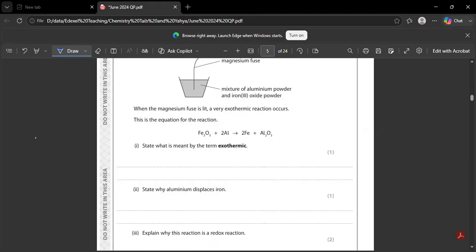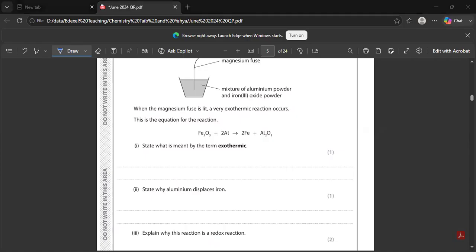State what is meant by the term exothermic. We already discussed the concept of exothermic, where the heat is given out or released, right?